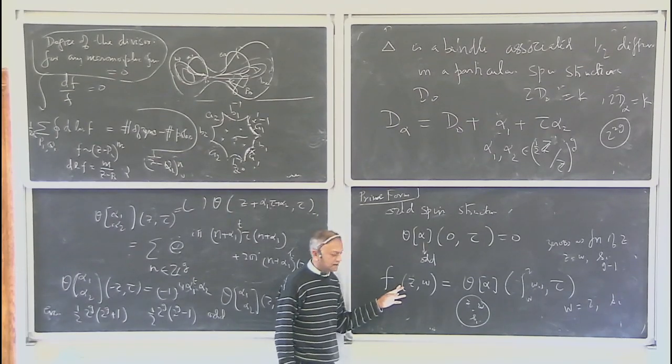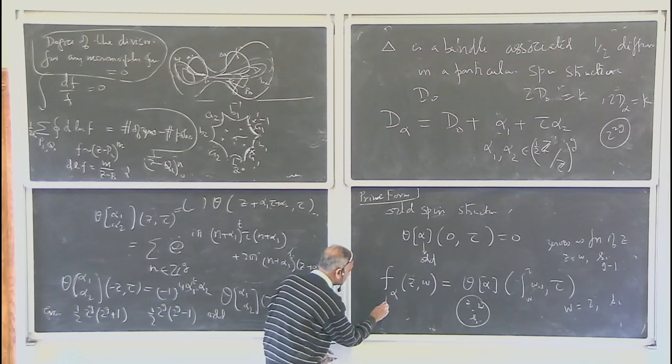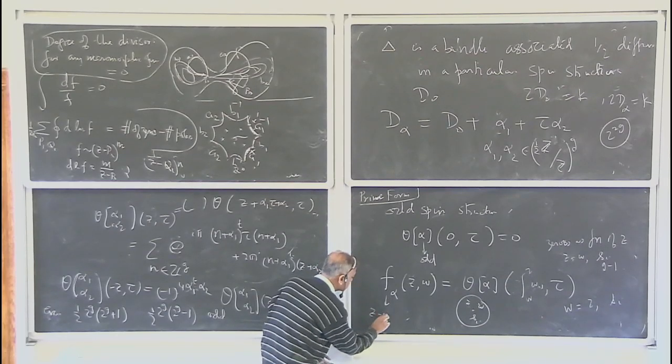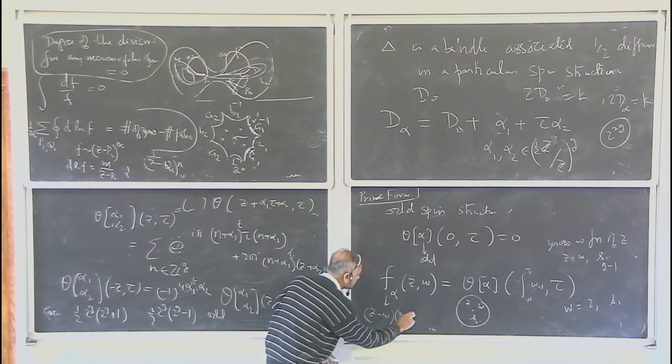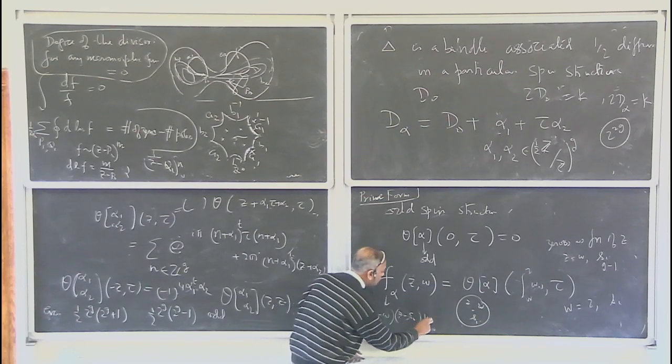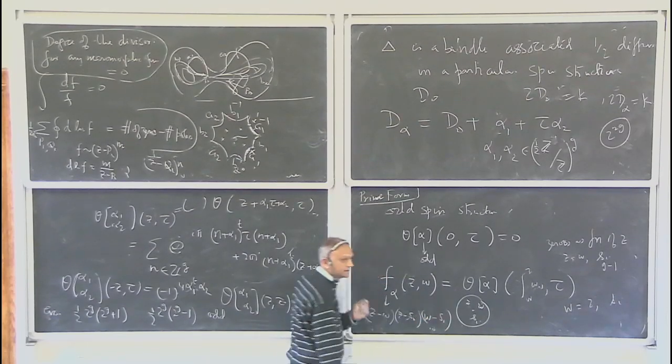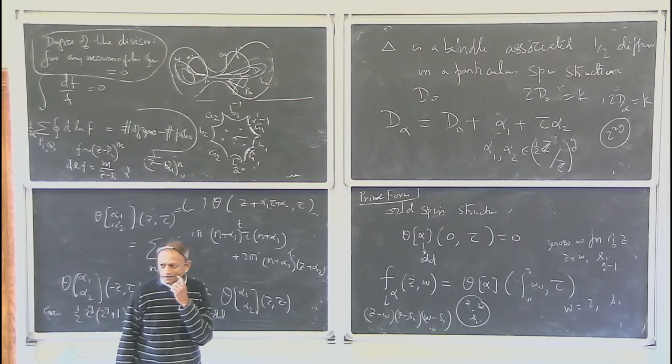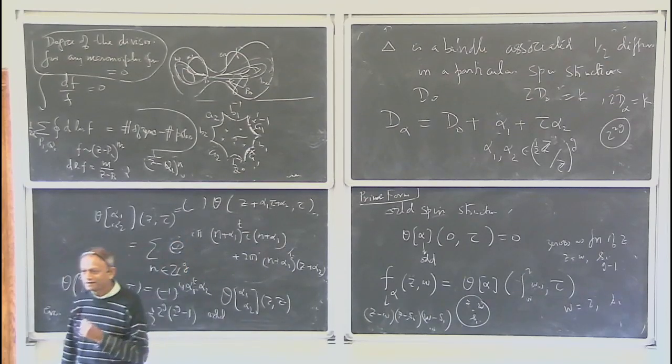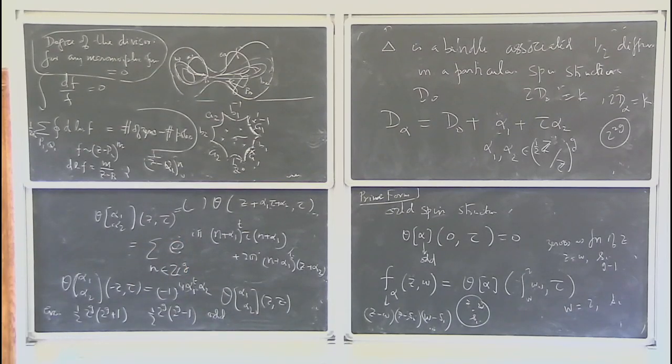This function will look like something like Z minus W, times Z minus S i, times W minus S i. You are fixing W and looking at the zero as a function of Z.